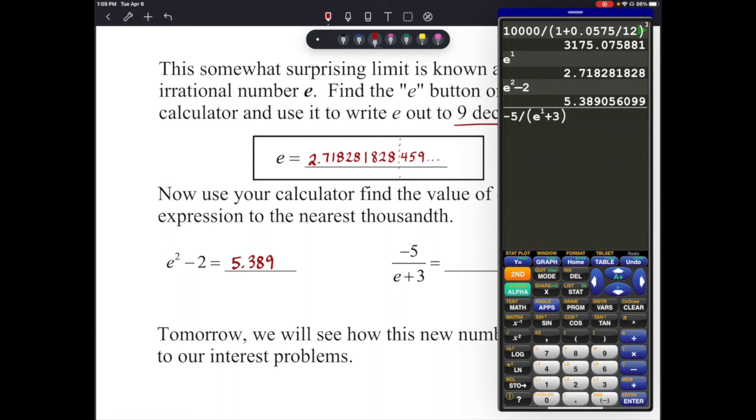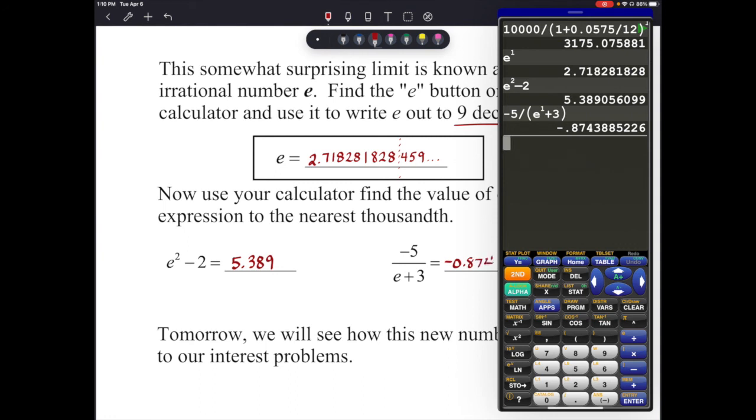When you think about it, we know that e is almost 3, so it's almost like negative 5 divided by 6. Our answer should be a decimal value greater than negative 1 but less than 0. So let's see what that is. Yep, we get negative 0.874.